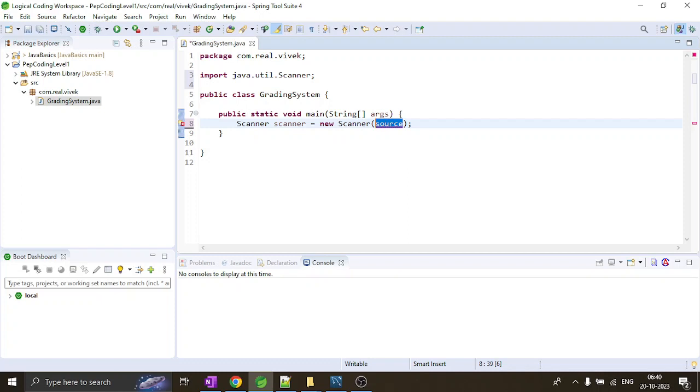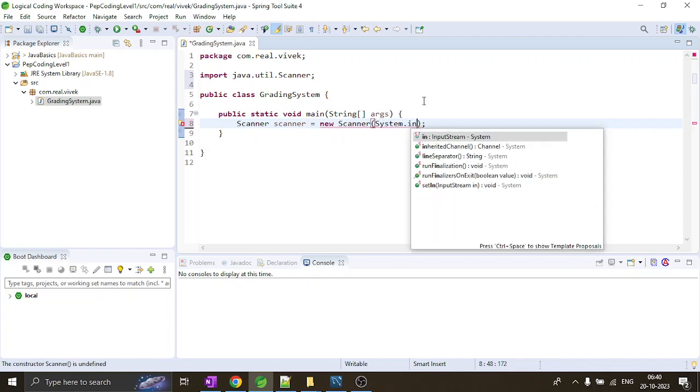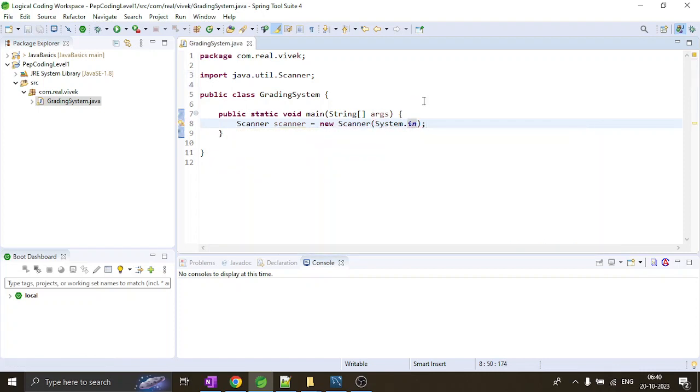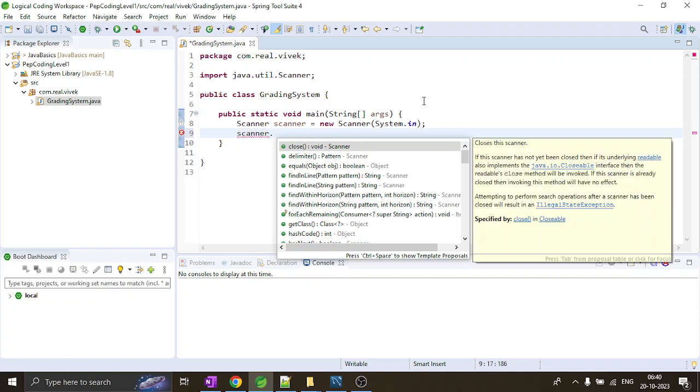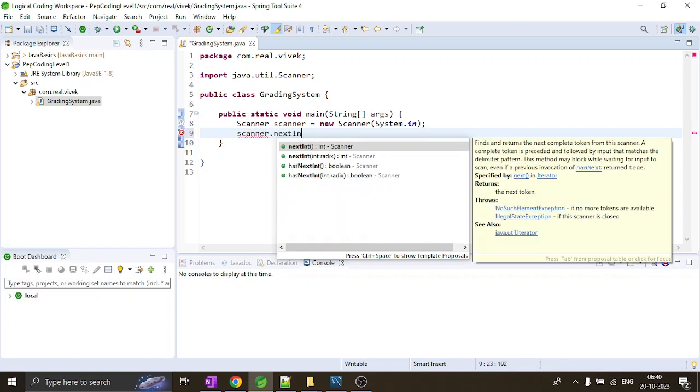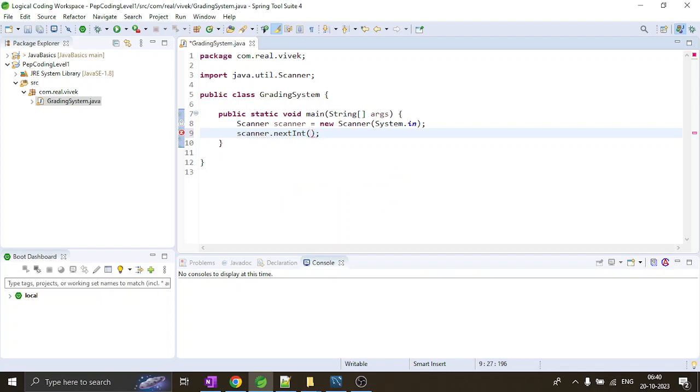So we have to put an input source here for the scanner to know from where to get the particular input. And using this scanner, we have methods like nextInt, which will give us an integer that we input, and let us capture that integer in a variable called marks.